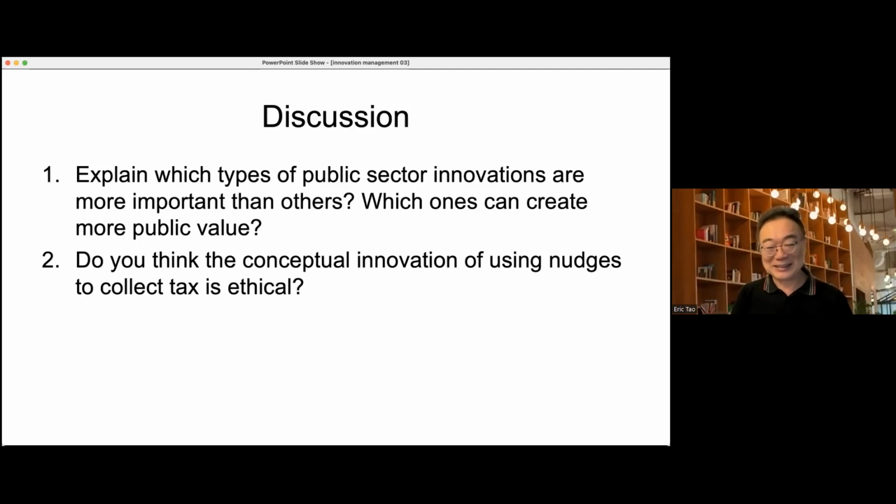Is that a good idea? Is it ethical? If you know someone is particularly afraid of something, you send that message using that person's psychological fear. Is that okay? That would be interesting, isn't it?